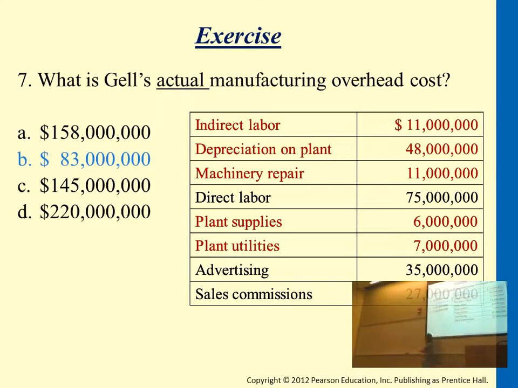Remember you had earlier captured the estimated manufacturing overhead. And now what we just did is calculate the actual manufacturing overhead. So you can probably guess the next question will be: is there over-allocation or under-allocation?